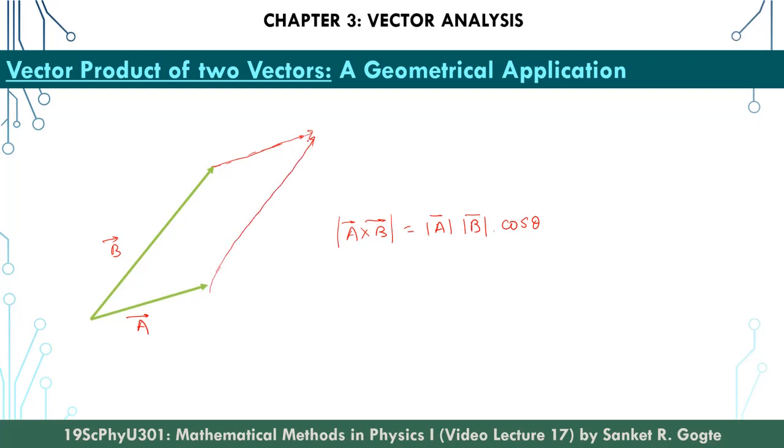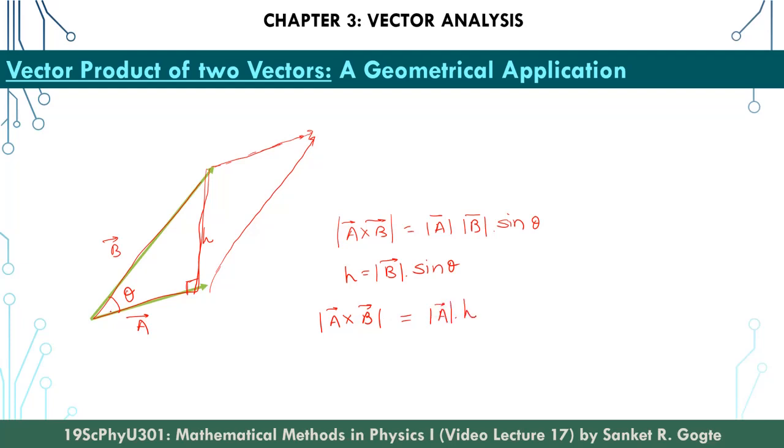Now let me drop a perpendicular from the head of A onto B. So this perpendicular, let's say h is the height of that perpendicular, and if the angle between the two vectors is theta, then from this right angle triangle, we can see that h is equal to B sine theta, and therefore the magnitude of A cross B is actually magnitude of A into h.